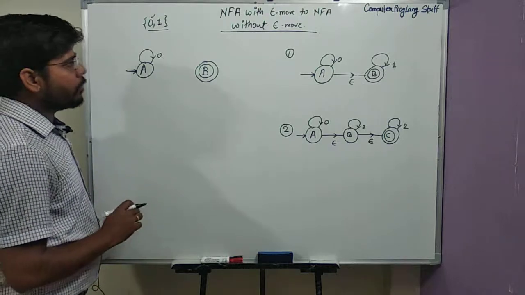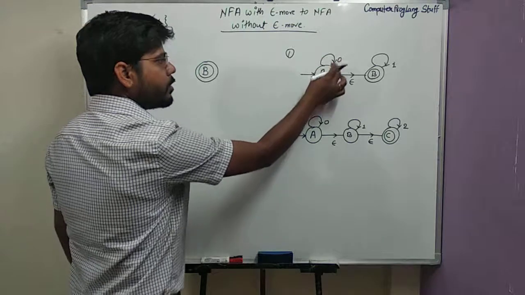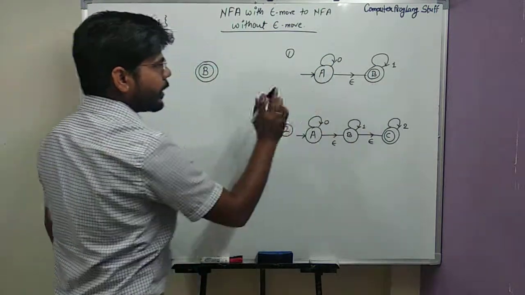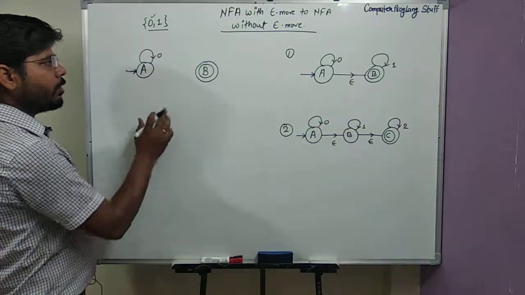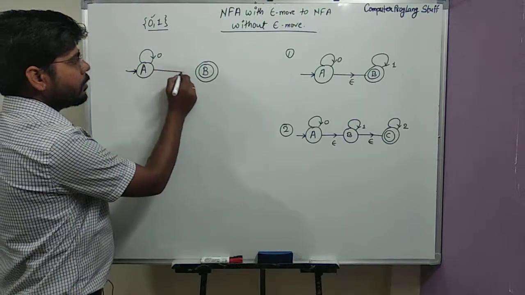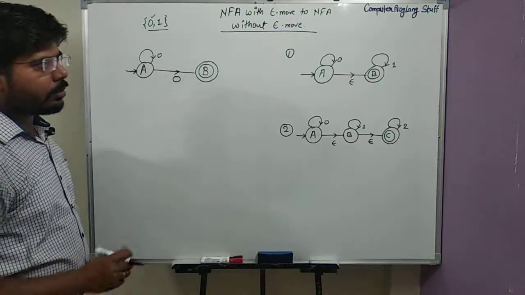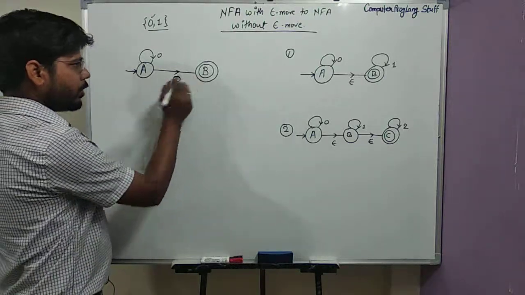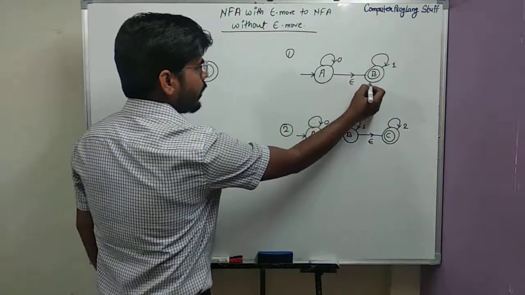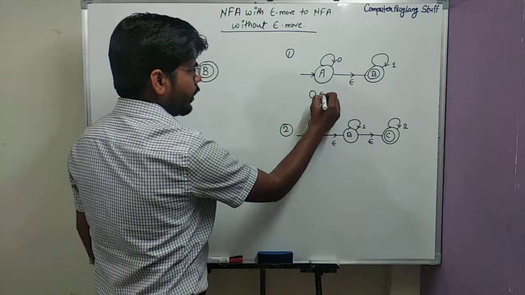Now the difference is that after making the 0 transition we can also move from A to B. So with the 0 transition we can have A as well as a transition from A to B. Why? Because in this case we can make a 0 transition and then epsilon.